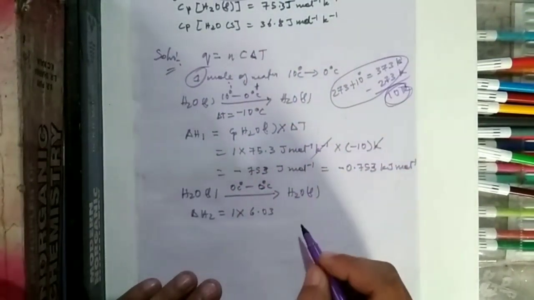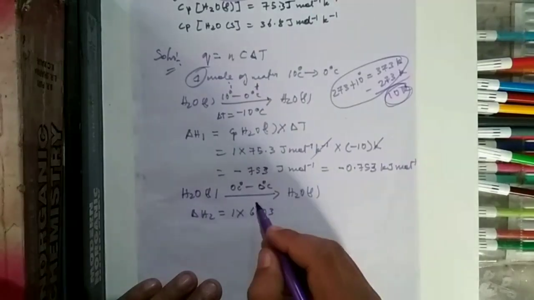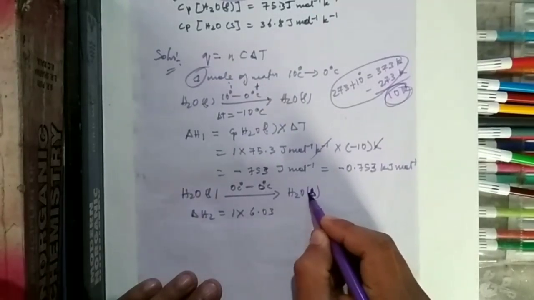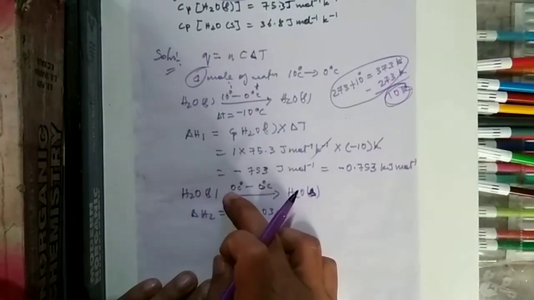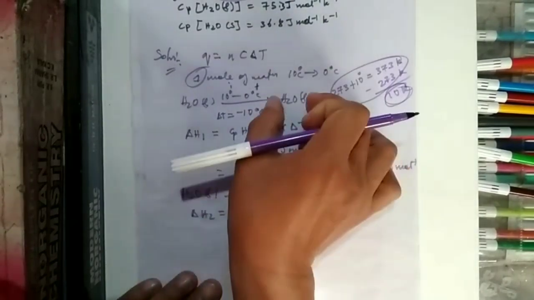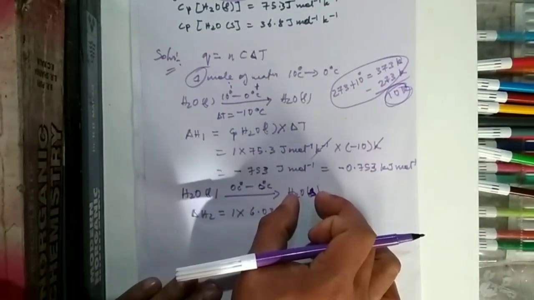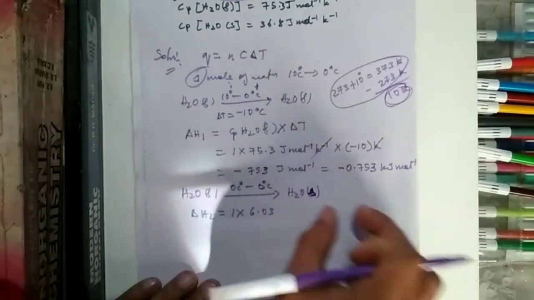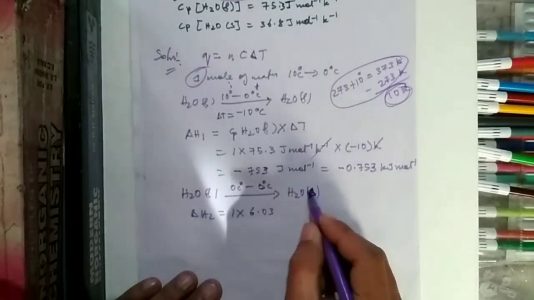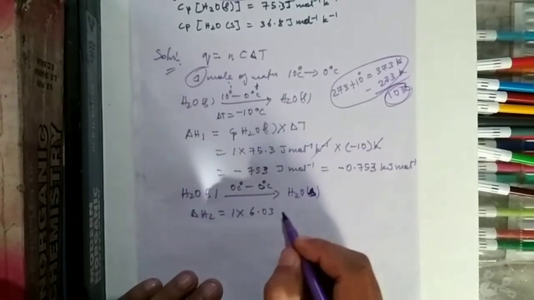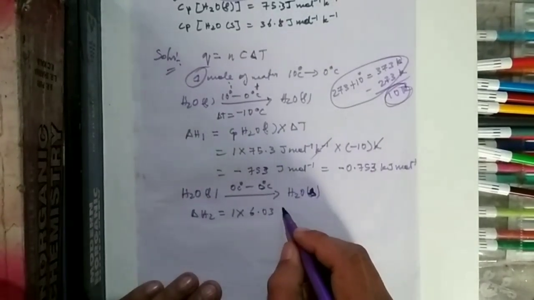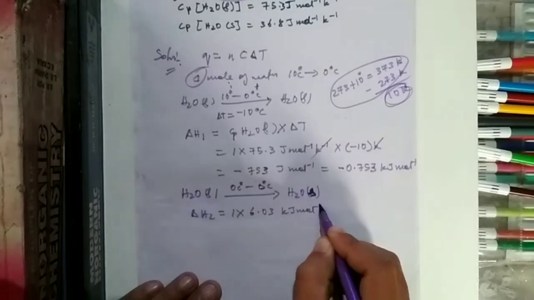6.03. And fusion means, sorry, this will be solid. At 0 degrees Celsius it was liquid here. Now from liquid it will change to solid at 0, slowly. So we just write this as solid, kilojoule mole inverse.